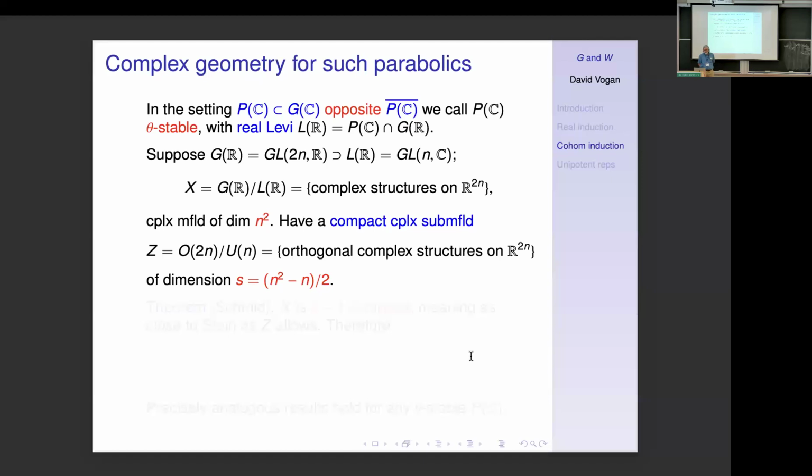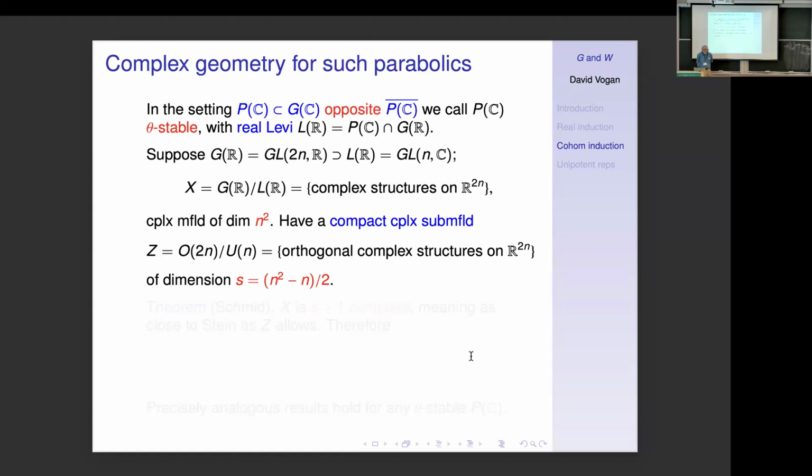Suppose I take G of R to be GL2N R and L of R to be GLN C. GLN C is the centralizer in GL2N R of multiplication by i. So R2N looks like Cn, and there's this linear operator of multiplication by i, and if you take the centralizer of that linear operator, you get GLN C.